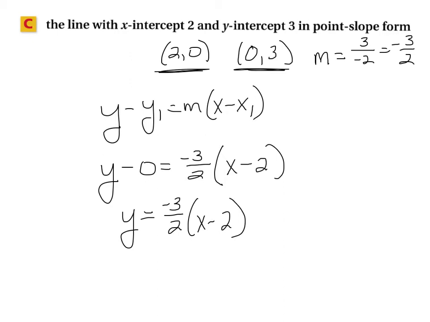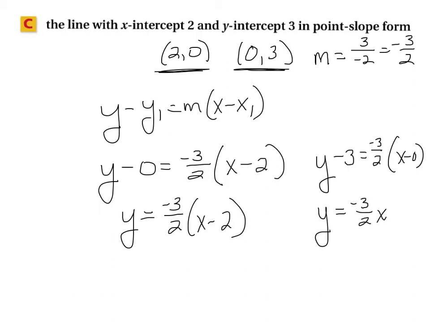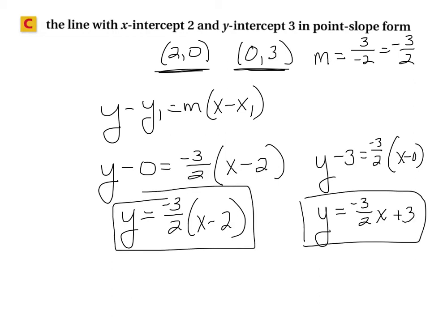If you used (0, 3), you would get y minus 3 equals negative 3 halves times x minus 0, which would give you y equals negative 3 halves x plus 3. Now notice that you could leave it like this as well. If you actually simplified either one of these, you would get the same answer. So either one would be an acceptable answer.